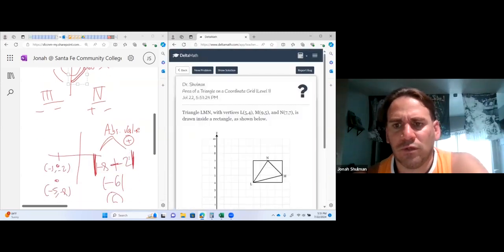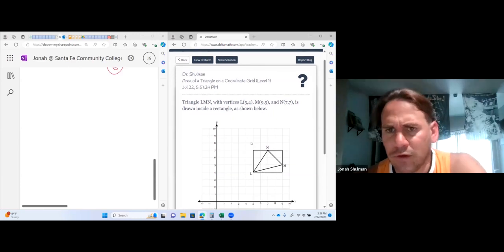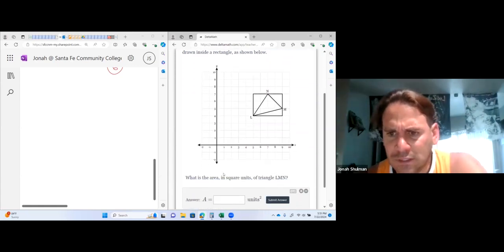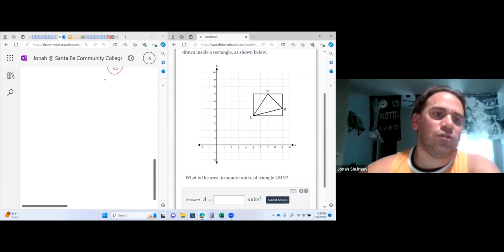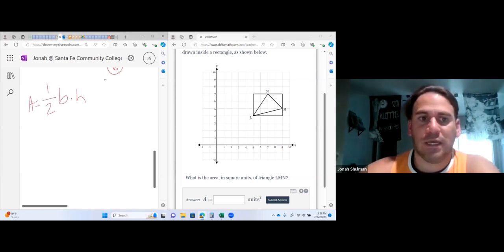All right, here we go. This will be like one of the ones that you're going to get on your quiz. I'm pretty sure I'll give you one where it's a shape on the graph. So a triangle is drawn inside a rectangle. Okay, that's fine. What is the area of the triangle? Okay, so we know a triangle is 1/2 base times height.